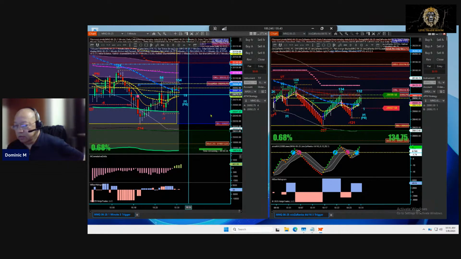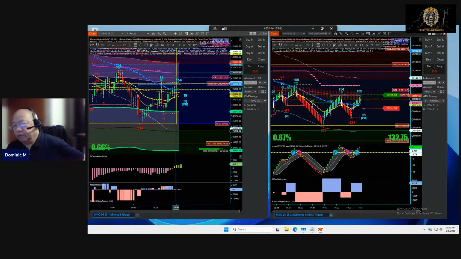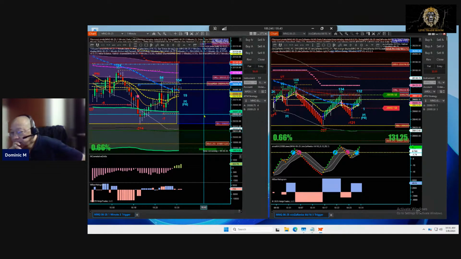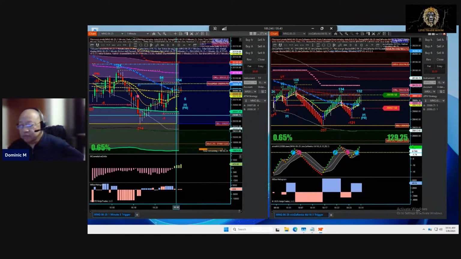Same thing here now. We want to see that break the high, but here we have the VWAP. We've got 22 seconds left in that bar.